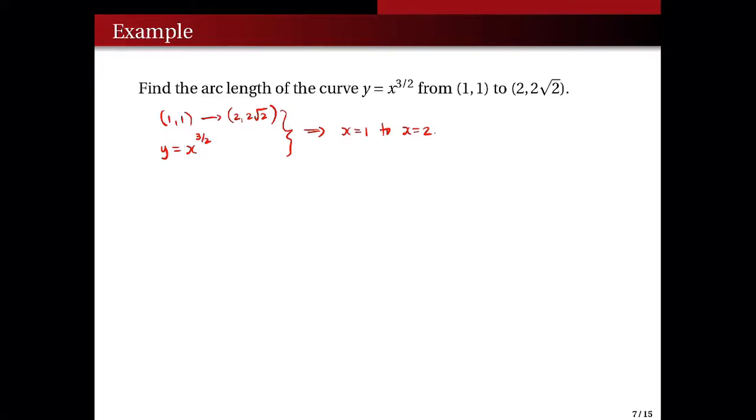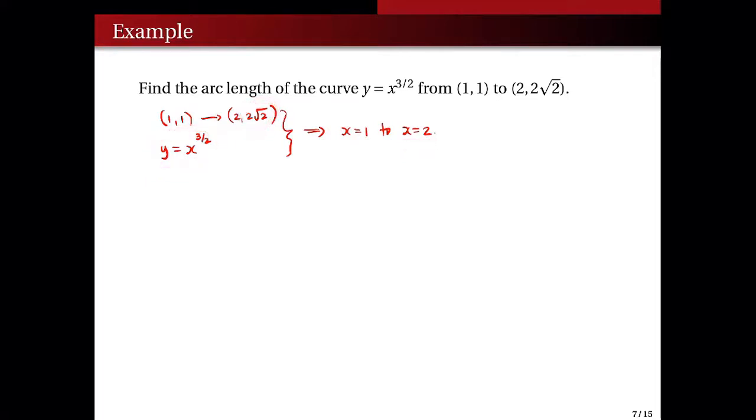If x equals 1, then y equals 1 raised to 3 halves, which is also 1. And if x equals 2, you will get 2 square root of 2.